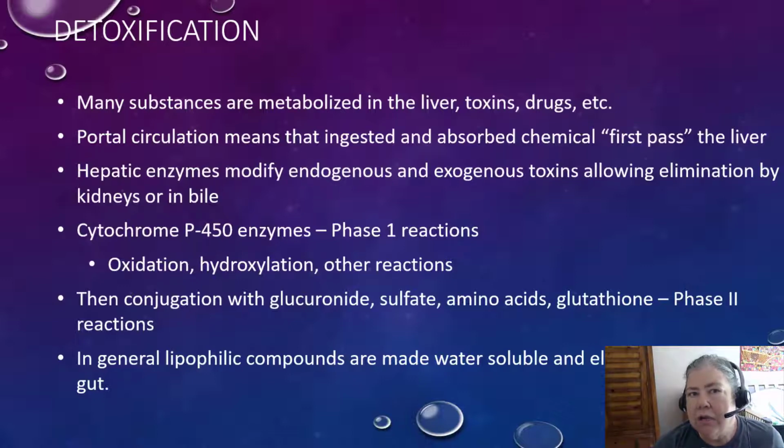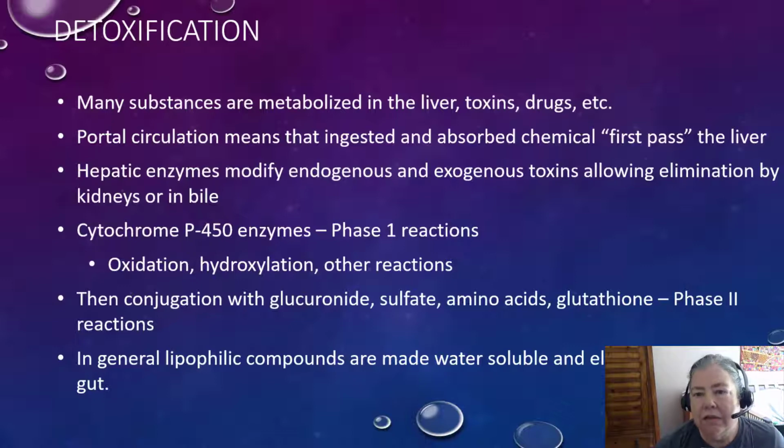I'm sure that you have already talked about these in pharmacology, because this is one of the early topics in pharmacology: what happens to drugs after you ingest them. They can be oxidized or hydroxylated, and there are a number of other potential reactions catalyzed by the cytochrome P450 enzymes. Those are called phase 1 reactions.